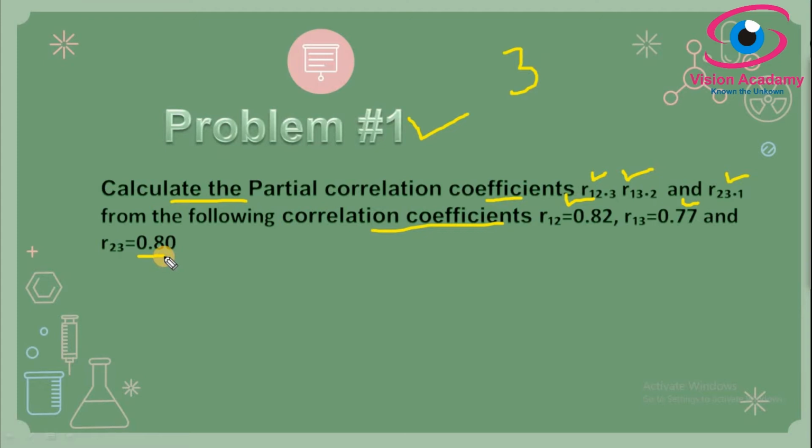We don't have to worry about calculating the zero order correlations, that is R12, R13 and R23, because they are already given.